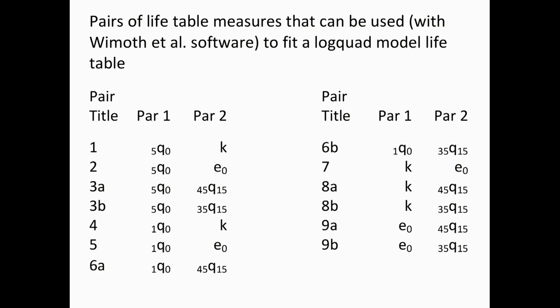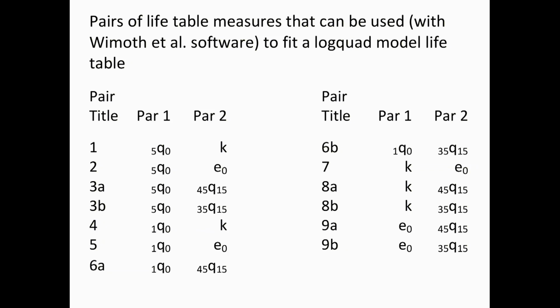These are the pairs of parameters that the software produced by Ouellette allows. One of the parameters is supposed to represent childhood mortality. The other one is supposed to represent mortality in adulthood.